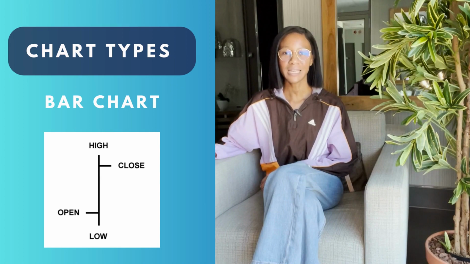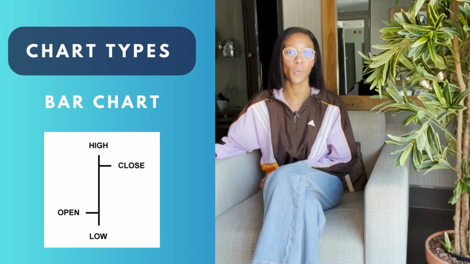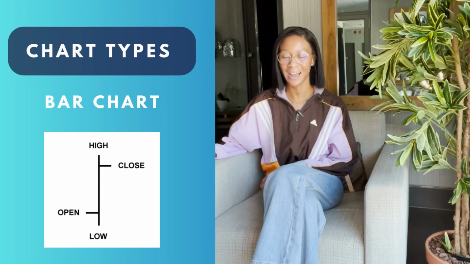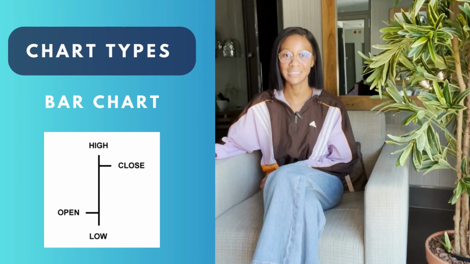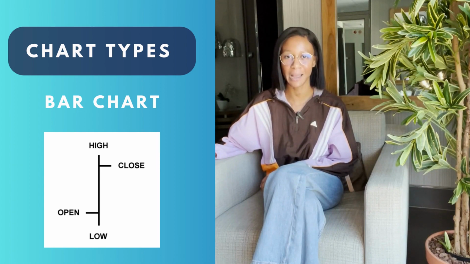So that particular bar chart could be of any time frame, from 1 minute to 5 minutes to 15 minutes, 30 minutes to an hour, 1 week or 1 month. It doesn't matter. It's all showing you the same thing. It's just showing you what is happening or what has happened in that particular time frame.